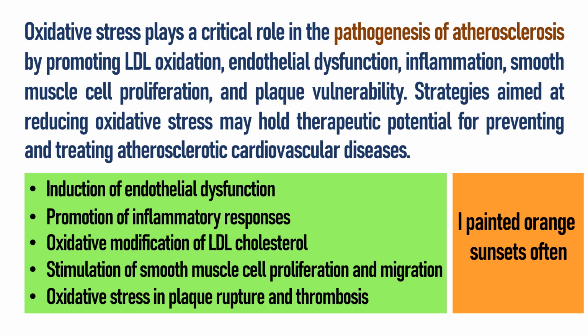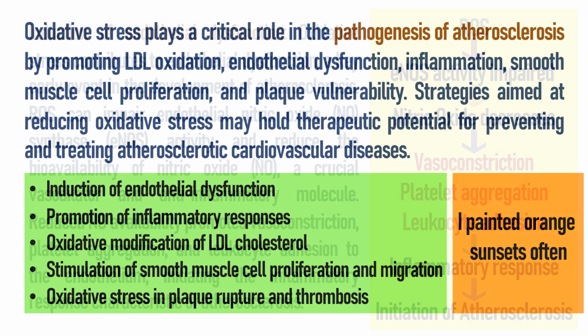Here's a list of the probable mechanisms involved: induction of endothelial dysfunction, promotion of inflammatory responses, oxidative modification of LDL cholesterol, stimulation of smooth muscle cell proliferation and migration, and oxidative stress in plaque rupture and thrombosis. And yet another funny mnemonic, which you would definitely find useful.